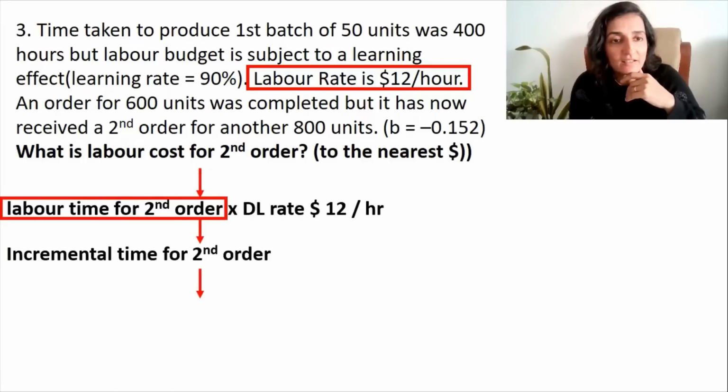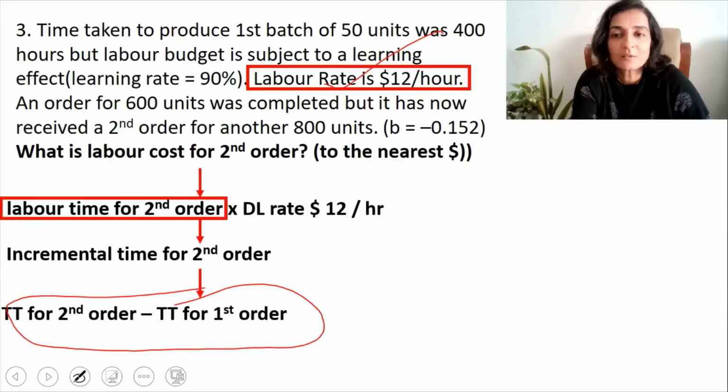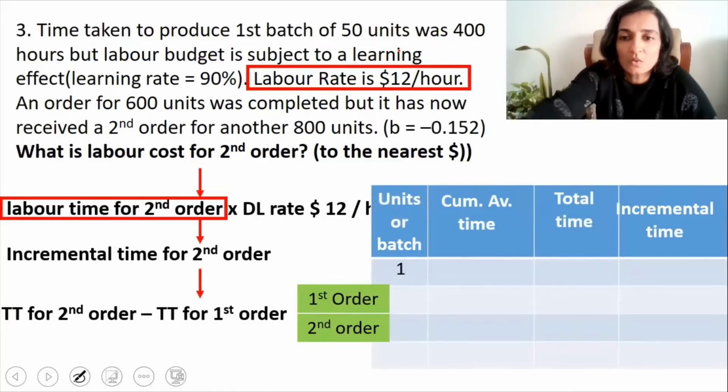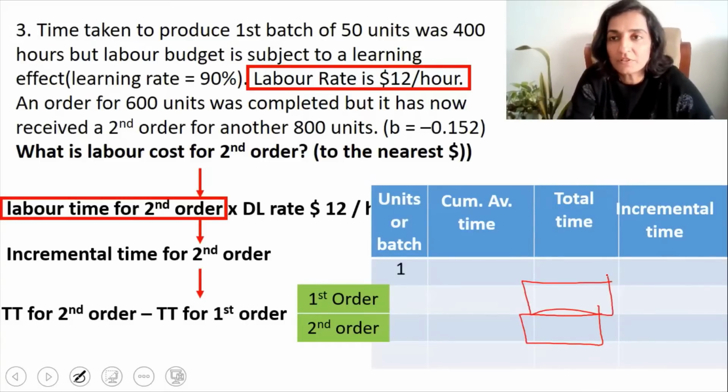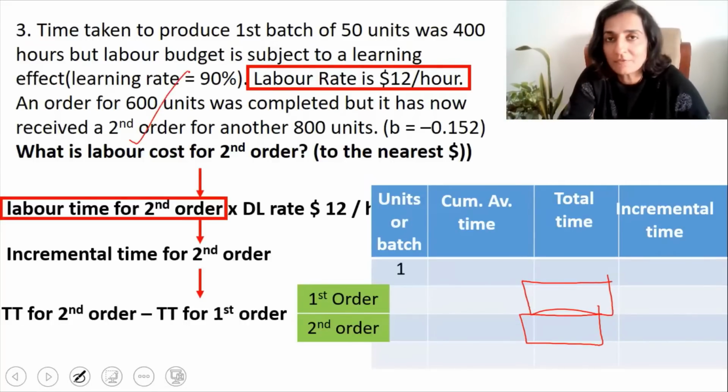Incremental time for the second order is the total time for the second order minus the total time for the first order. So let me draw the table for you. So we want to find out the total time of the second order minus the total time of the first order. And then you multiply it with the direct labor rate per hour to get the labor cost for the second order.